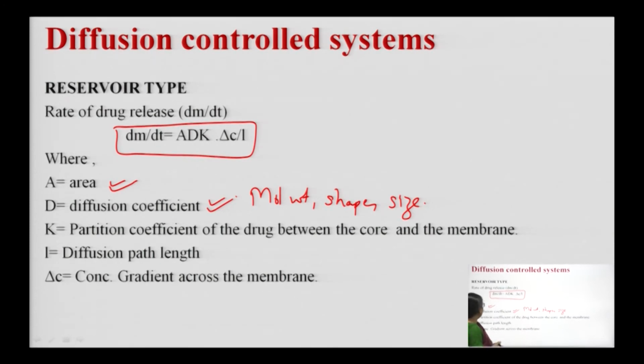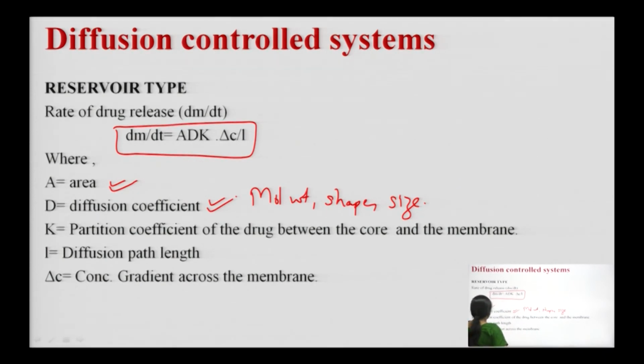Next parameter is the partition coefficient of the drug, K. This partition coefficient basically represents the partitioning ability of the drug between the core and the polymeric membrane. So, higher this partition coefficient value, faster will be the drug release.